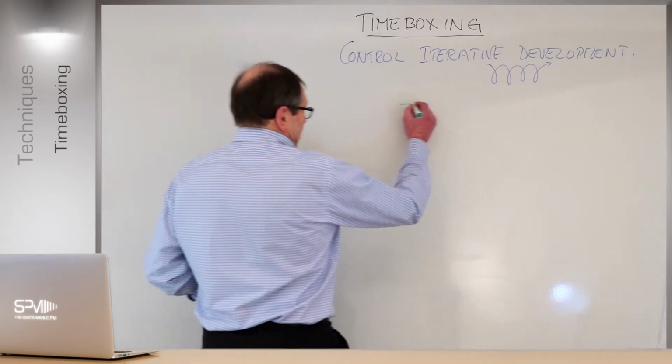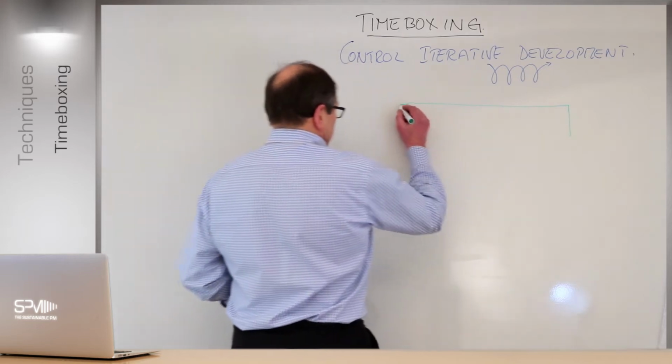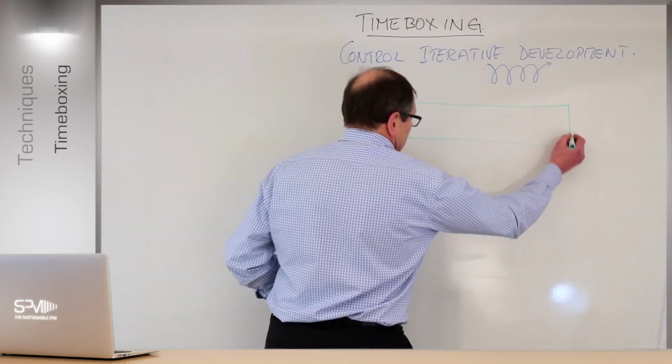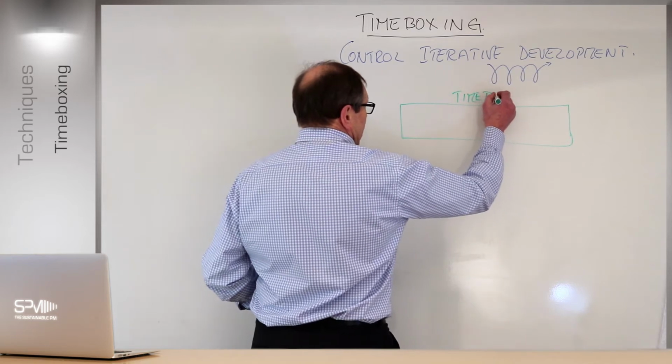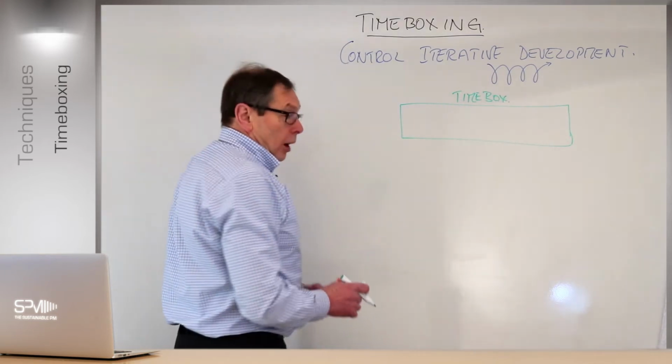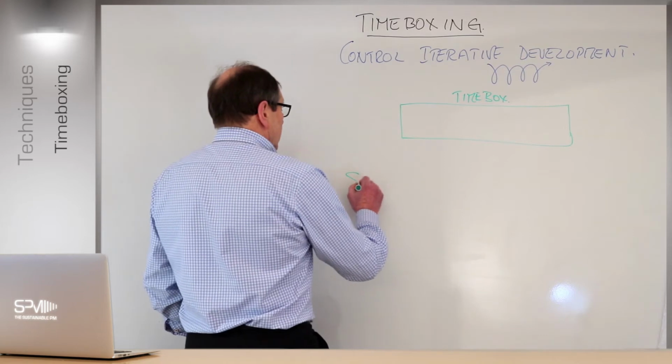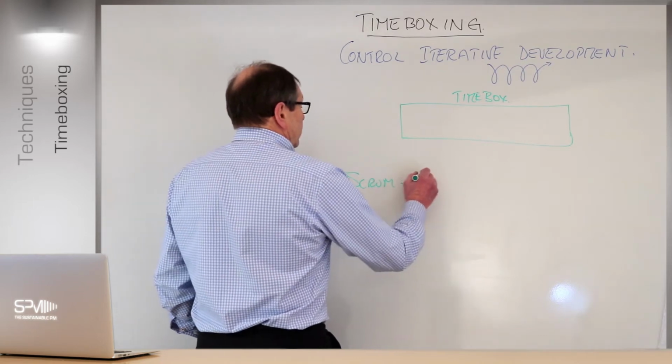Right. So let's have a look at what a time box might look like. Literally, in a diagram form, it looks just like this. A time box. Right. Now, a time box is the generic name for it. You know, in a Scrum, it's called a sprint.